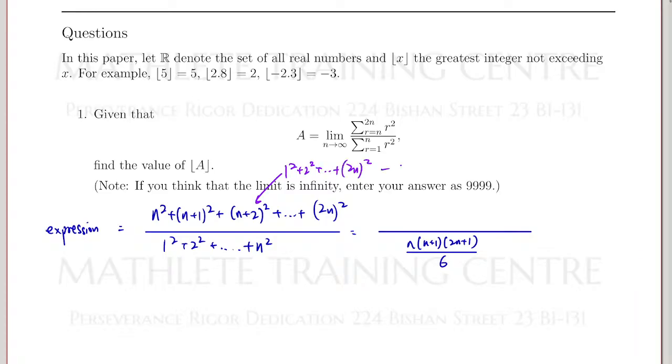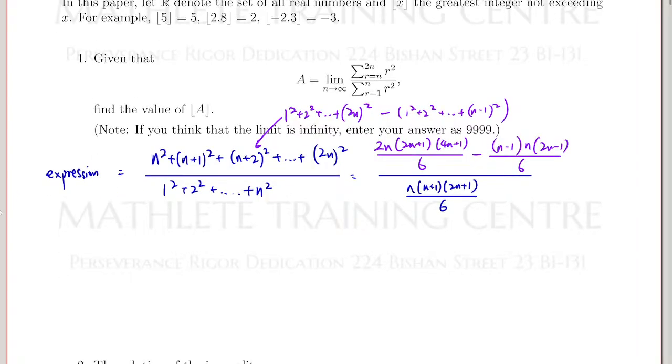But then now I'm going to remove the first few square numbers all the way up to (n-1) squared. So if you think of it that way, then you realize, oh, okay, I need to apply the formula twice. The first one will give you 2n times (2n+1) times (4n+1) over 6. That's from here. And then we also need to apply it to the part behind, so there will be a minus away of (n-1) times n times (2n-1) over 6.